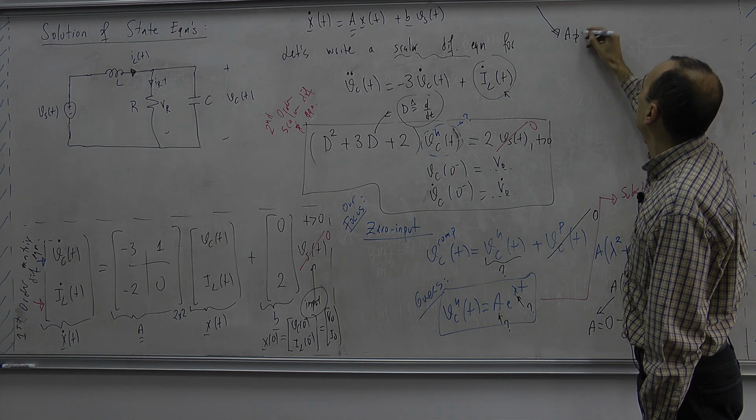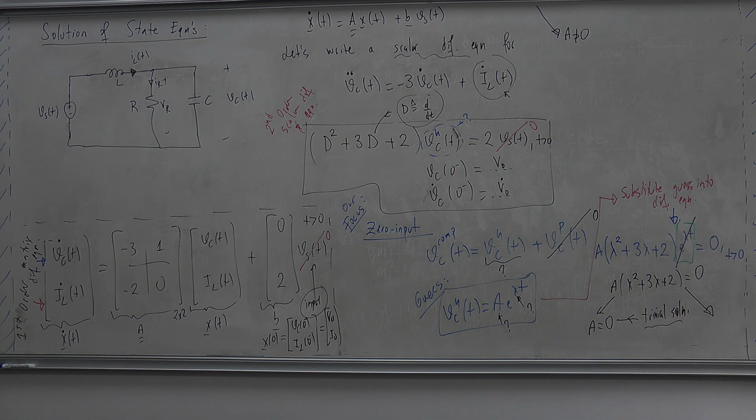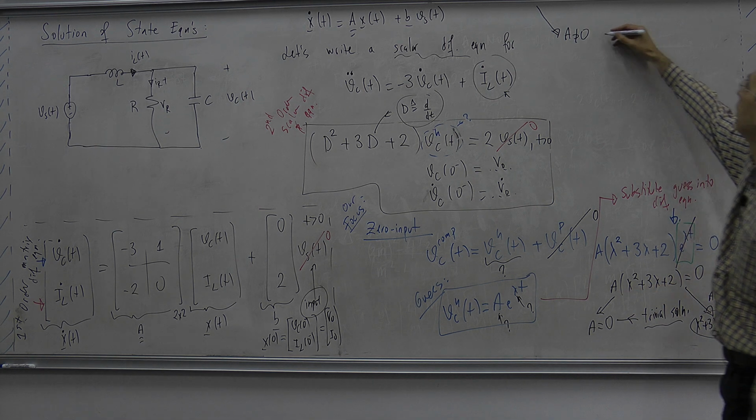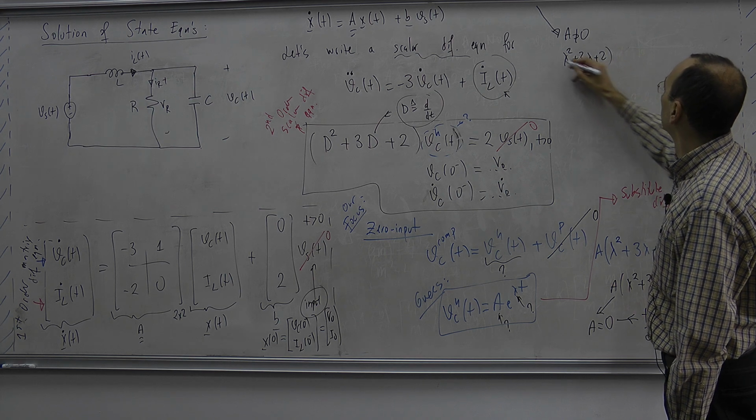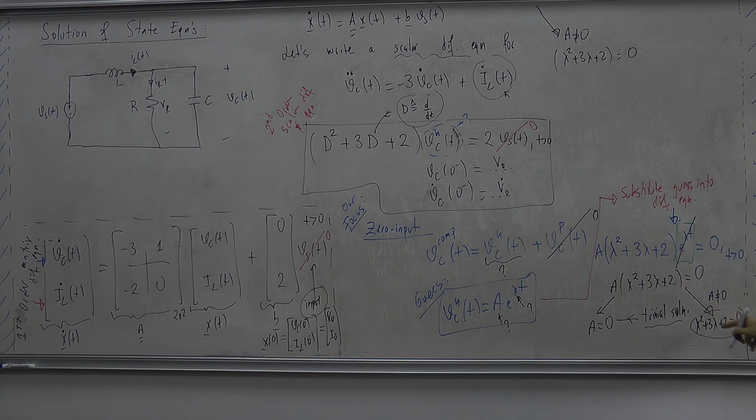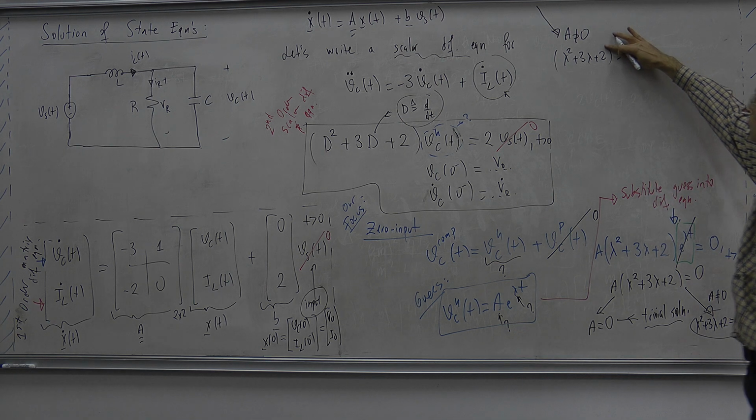So if A is not equal to 0, then what can I do? Well, the other case is lambda squared... if A is not equal to 0, then this has to be equal to 0. This bracket, the second bracket, has to be equal to 0.